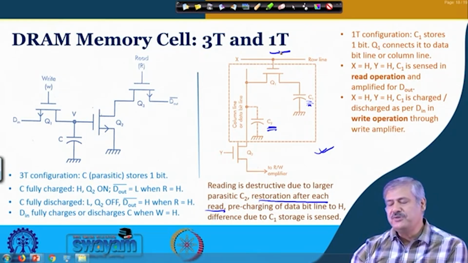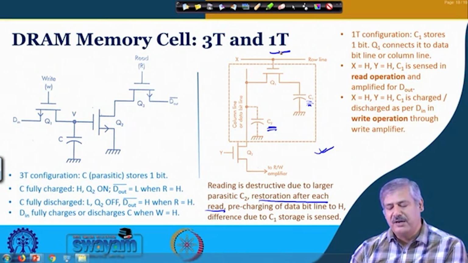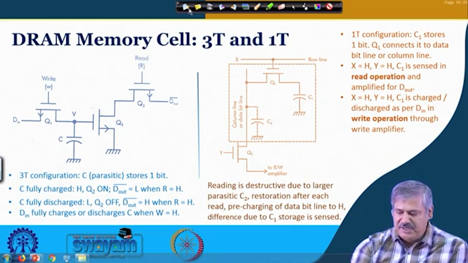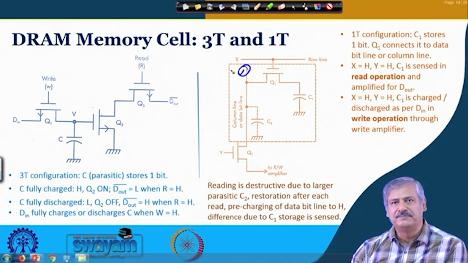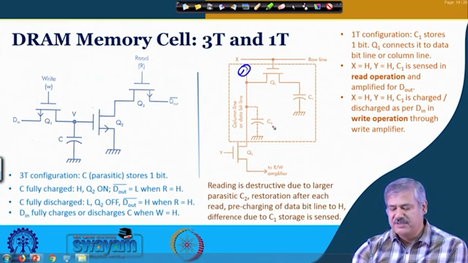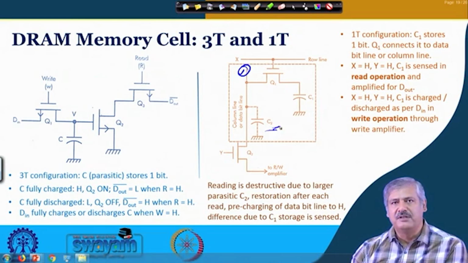And the other issue with this one is that for reading it is preferred that you precharge this particular data line, the column line, to a high value. That means this capacitance etc. is already precharged.